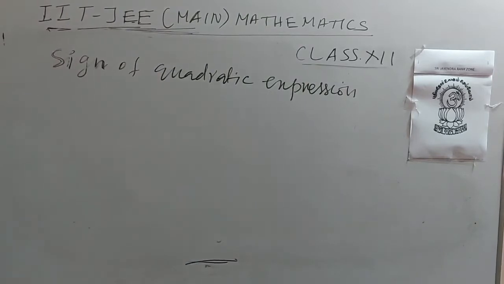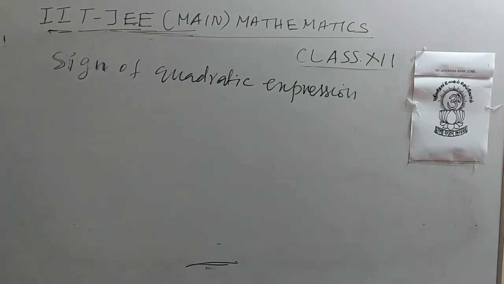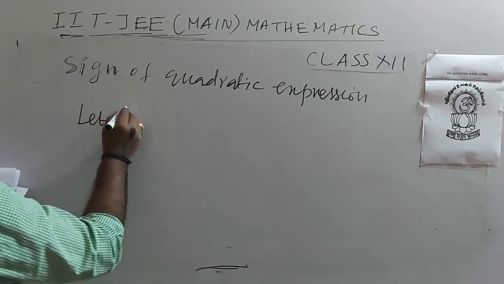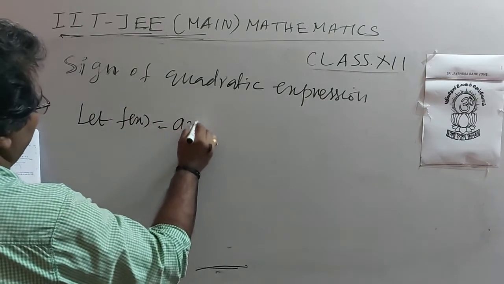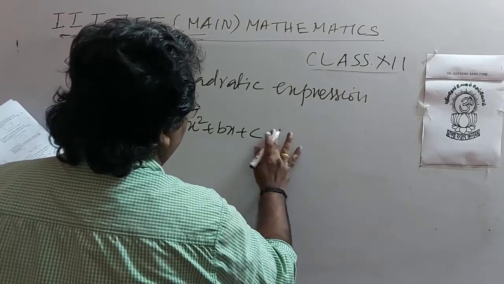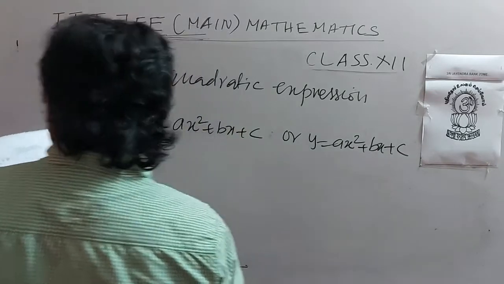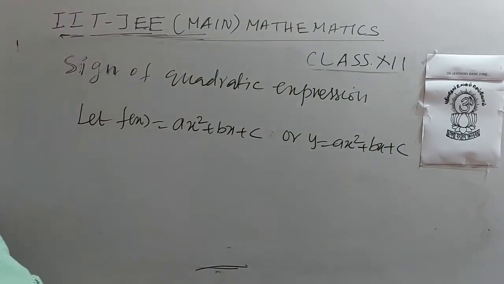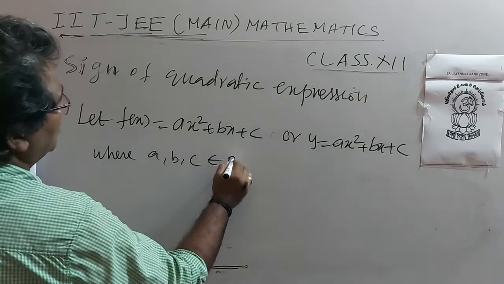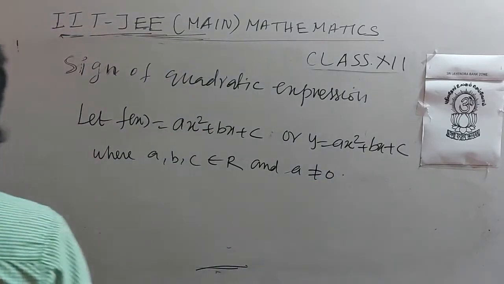Sign of quadratic expression. Let f of x equal to ax squared plus bx plus c, or y equal to ax squared plus bx plus c, where a, b, c belong to R and a not equal to 0.